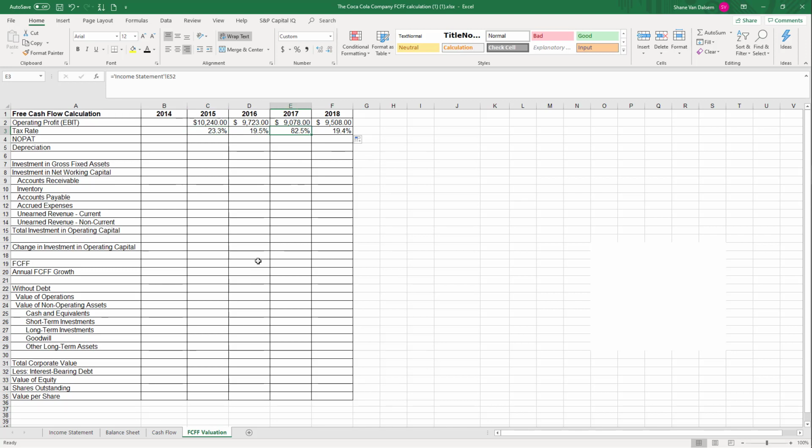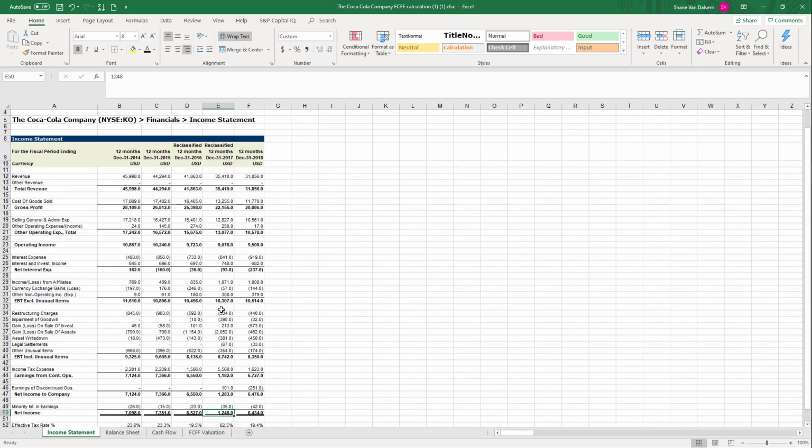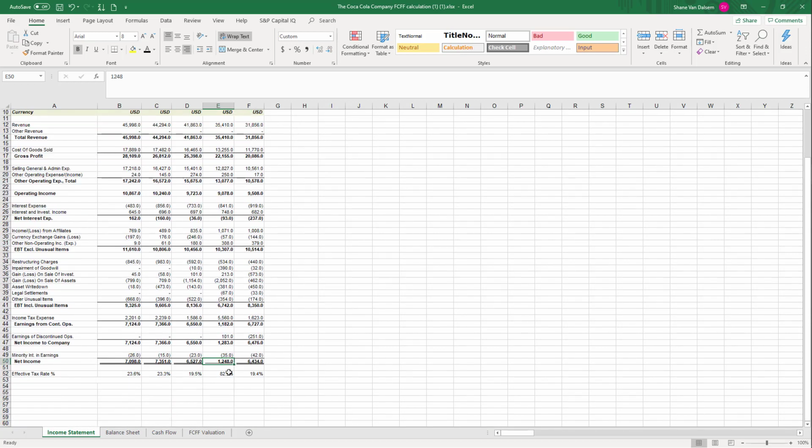In 2017, it's really high, and that is because if we look at the net income each year, McDonald's had a fairly low net income in 2017 because of the unusual items. So we can see here that it's fairly stable. Earnings before taxes, excluding unusual items, is pretty stable across the board here.